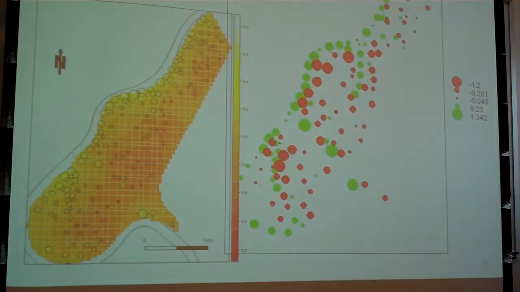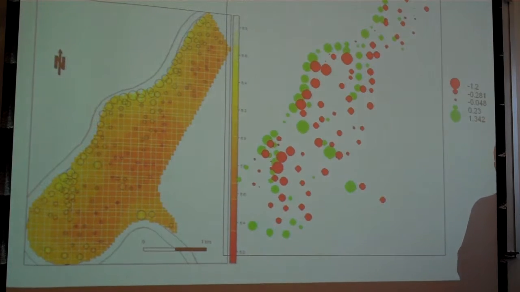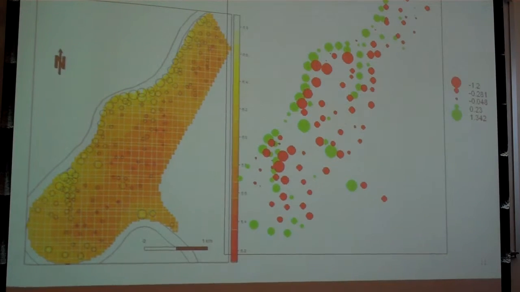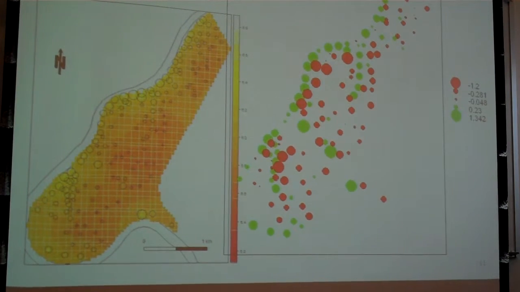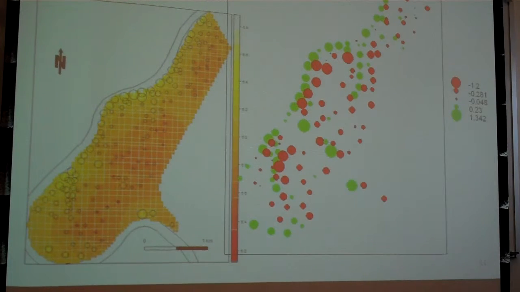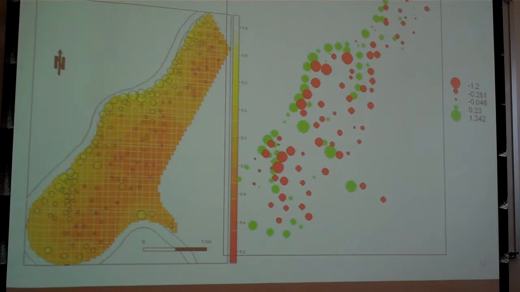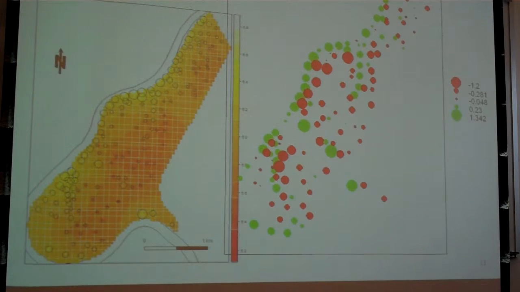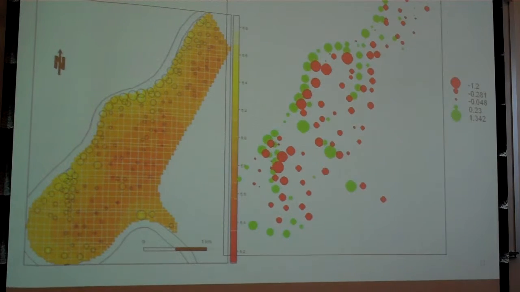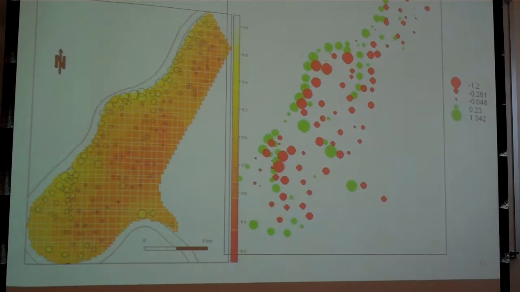So this is interesting, because the analysis we've just done, this inverse distance weighting, is often considered a non-spatial analysis. Okay?